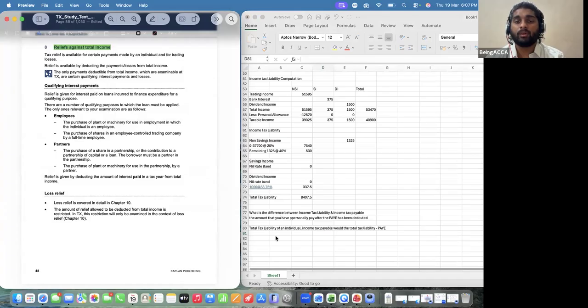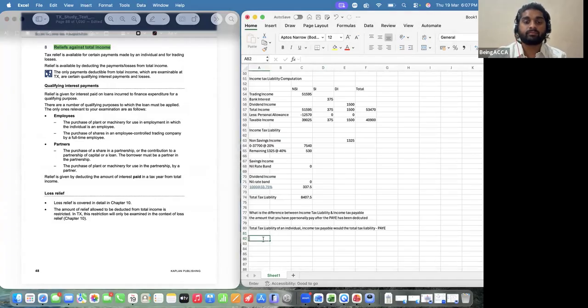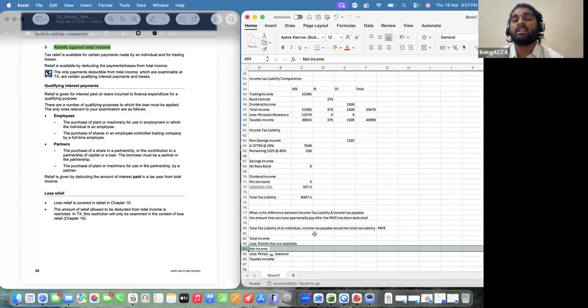So from your total income, if you deduct any reliefs that are available, you get your net income, from which you will deduct personal allowance to get your taxable income. So in this part, we will be discussing all the reliefs that are available in order to get from your total income to your net income.